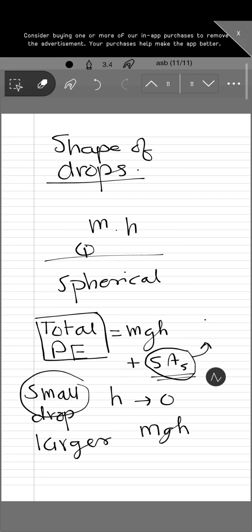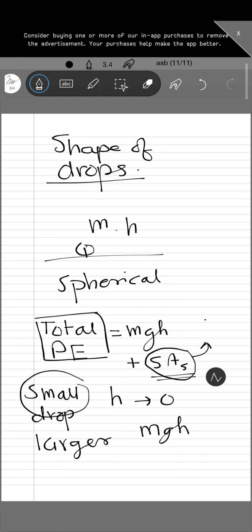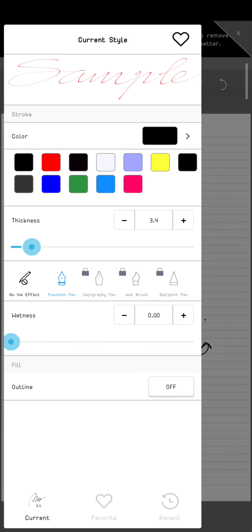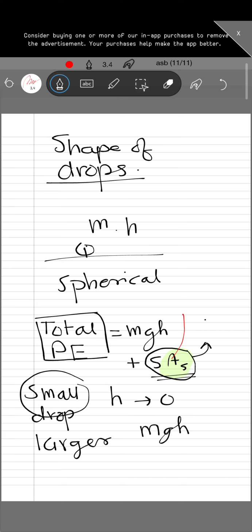To go into the minimum energy state, this surface area needs to be minimized. The lower the surface area, the lower the total potential energy, and the lowest possible surface area for a particular volume is the spherical surface area. So that is why it assumes a spherical shape.